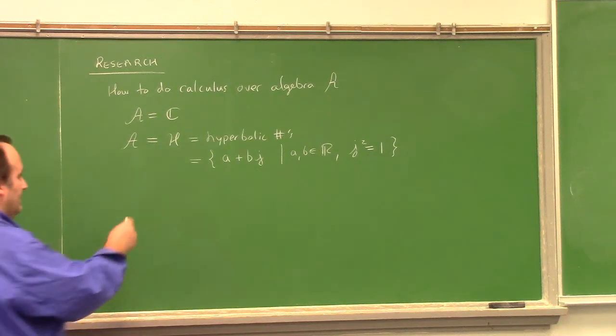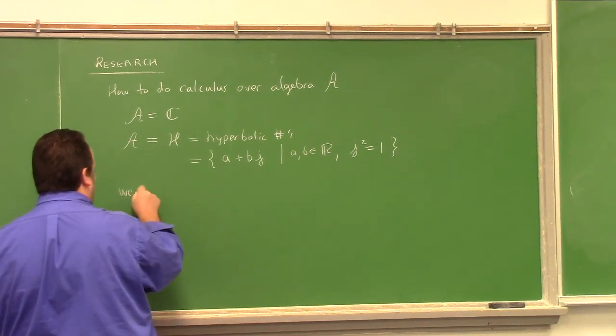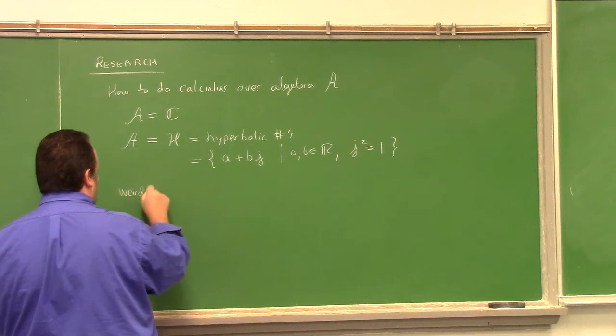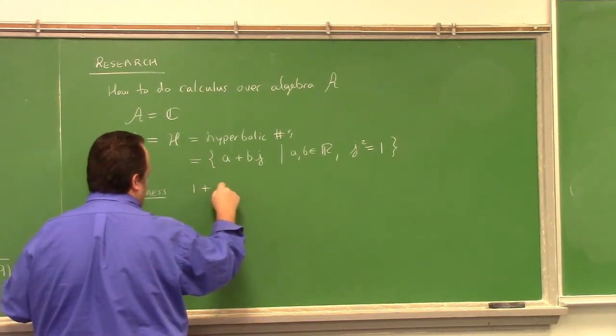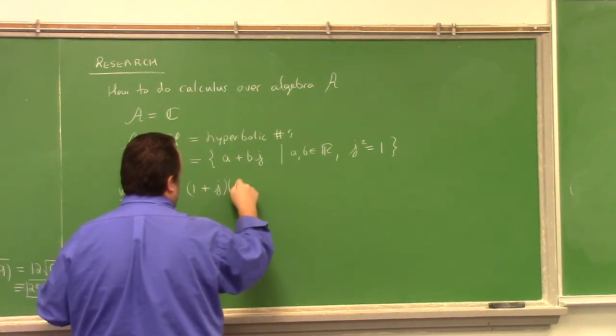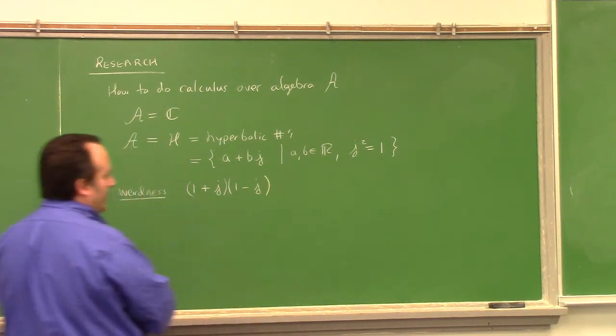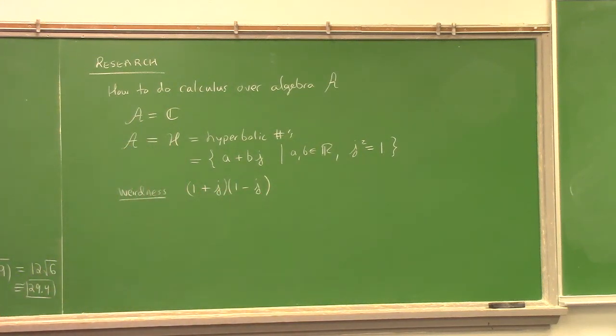For example, here's one of the weirdness. How about this? If you do 1 plus j times 1 minus j, what do you get? The usual laws apply, just like complex numbers. You just multiply like usual.